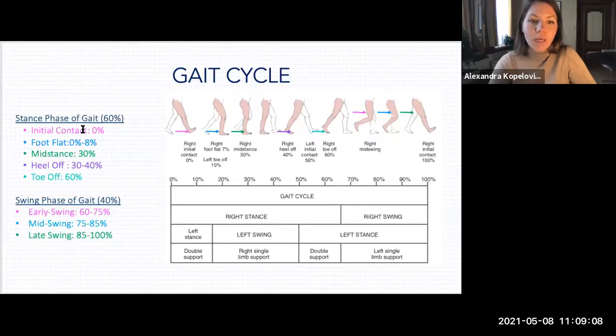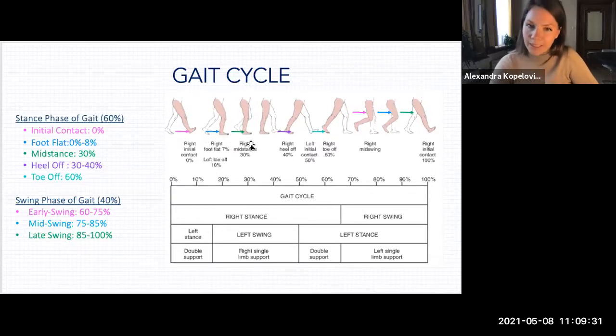Let's take a look at some sub-phases of these events. Under stance phase, we have 5 events that are occurring. Initial contact, and that's when the heel typically contacts the ground. That occurs at 0% of the gait cycle. At 8% of the gait cycle, we have foot flat. That's when the entire plantar aspect of the foot contacts the ground.